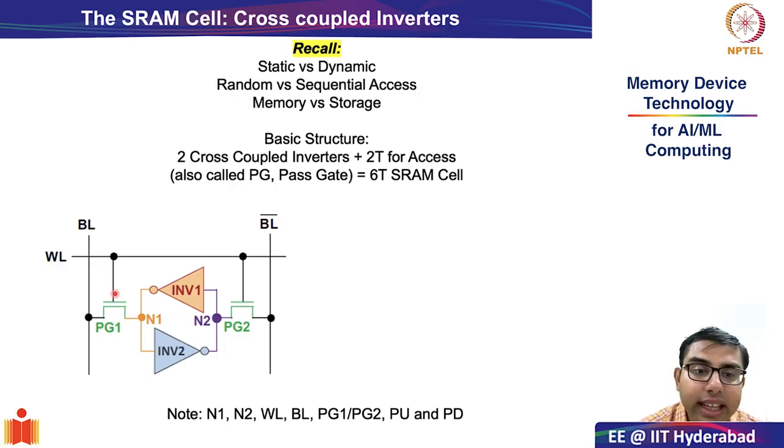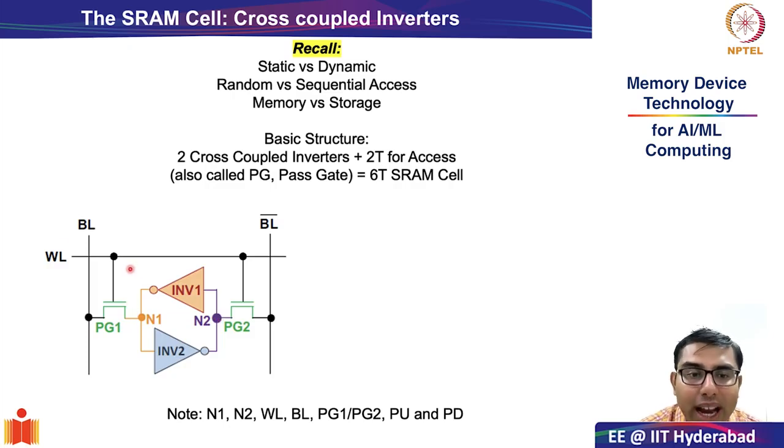Okay, so let us see what the connections to the access transistors are. As you can see, the source of the access transistor PG1 is connected to bit line, whereas the source of PG2 is connected to bit line bar. What is the drain connected to? N1 and N2 respectively, right?